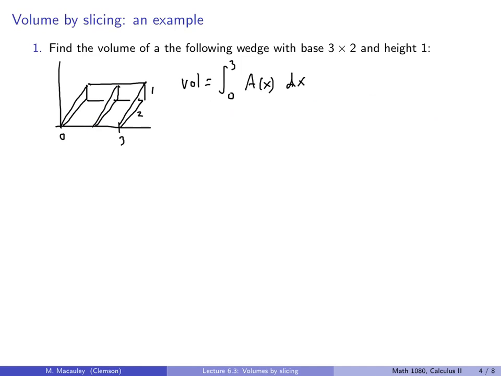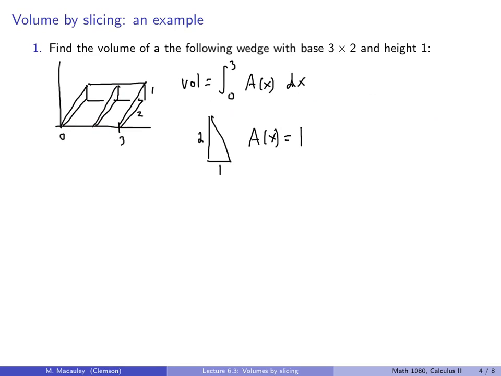So a slice, I'm going to turn it on its side. A slice is a triangle that has base 1 and height 2, and this is independent of x. It doesn't matter where we are, this area is constant. So A of x equals, the area of this is 1.